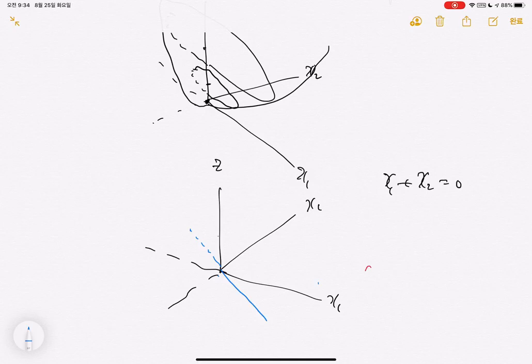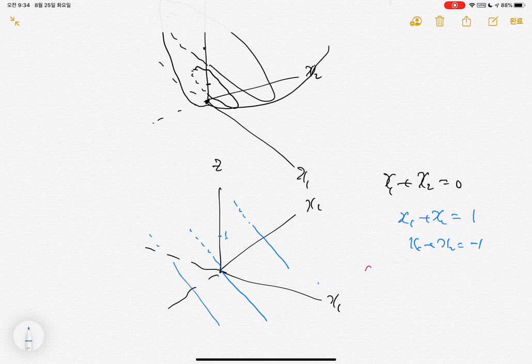When z is 1, it's going to be x1 plus x2 is 1, or x1 plus x2 is minus 1. So it's going to be two lines here, this line, or this line.